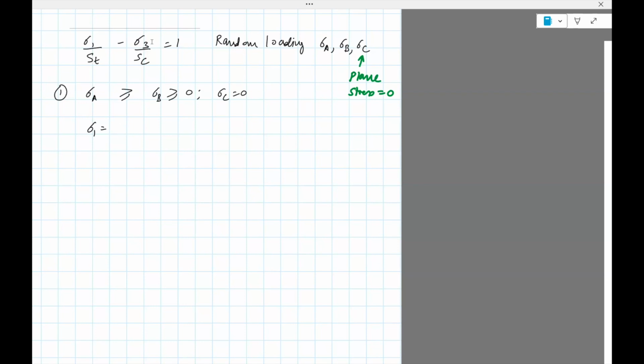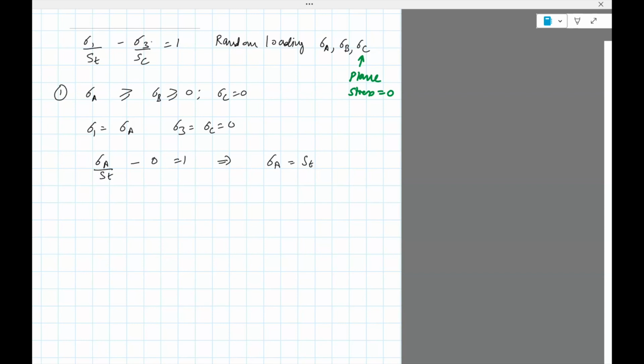So sigma 1 will be sigma A, and sigma 3, which is the minimum stress, is in this case sigma C, which is 0. So this equation will look like this: sigma A divided by ST minus 0 equals 1, which means sigma 1 equals sigma A equals ST. Or they just put sigma equals ST.